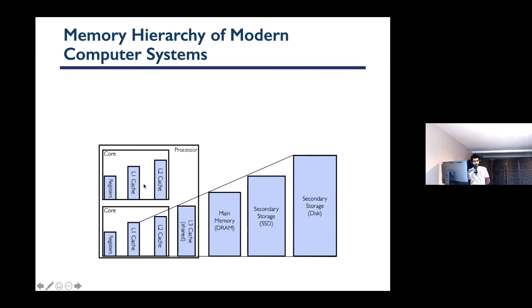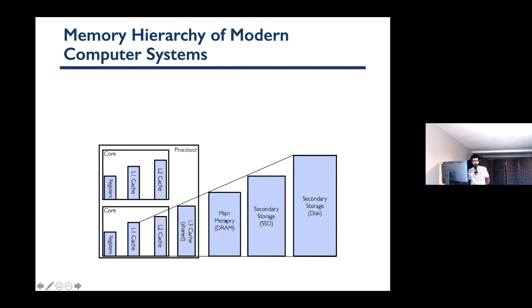After that, you have your level 1 cache. After that, you have level 2 cache. So level 1 and level 2 usually in modern processors are private caches, as we talked about in cache coherence. So in this figure, these are two private caches. And then you have a larger L3 cache that is shared by all the cores in your processor.